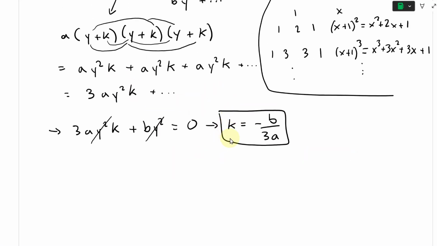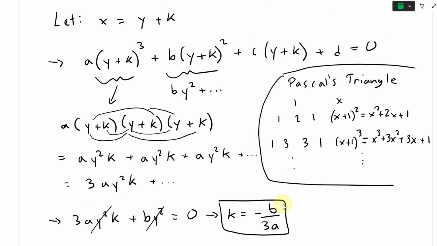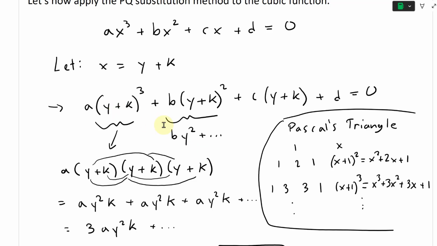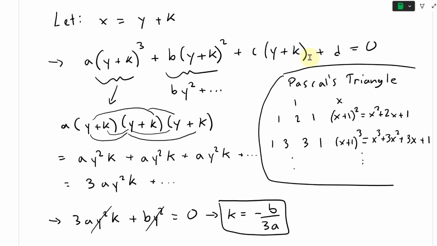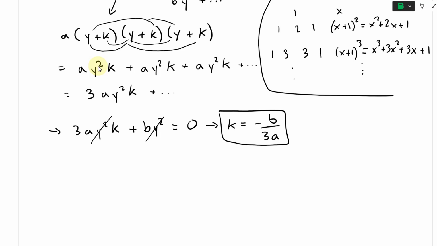Alright, so now that we have k equals negative b over 3a, and also Pascal's triangle, we'll use that for later. So now we can throw this inside here, and just replace it all, and then expand them all.